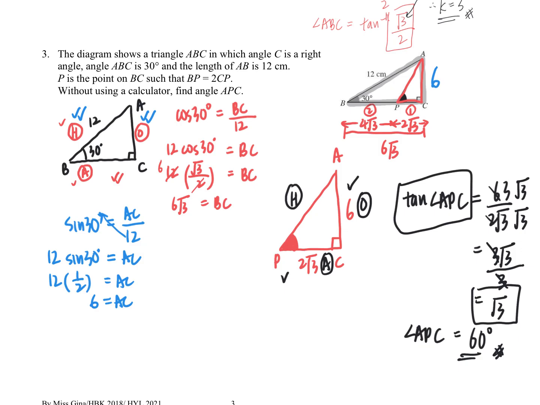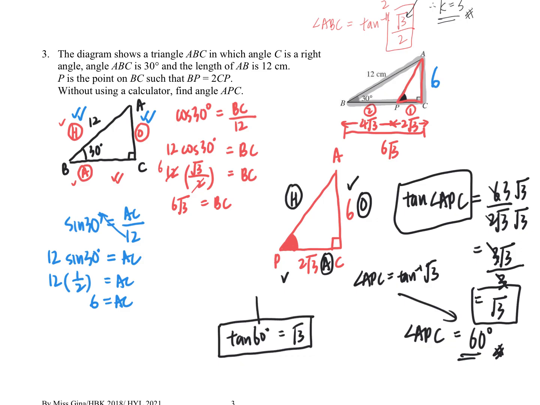You tangent inverse root 3, you will get 60. Tangent 60 degrees gives you root 3. It's because of this. So I know this is 60 degree.